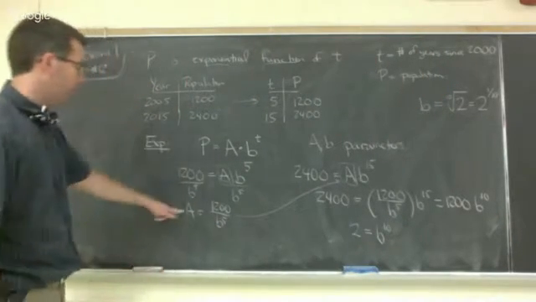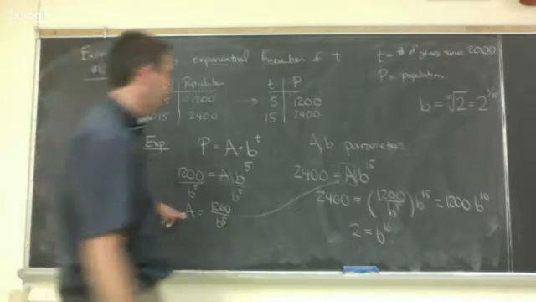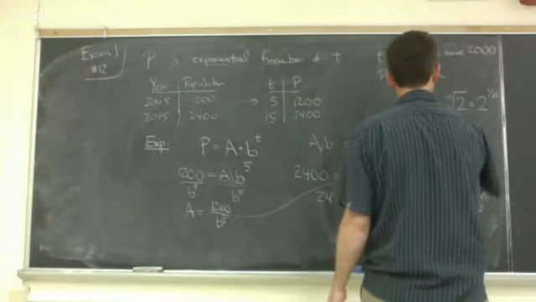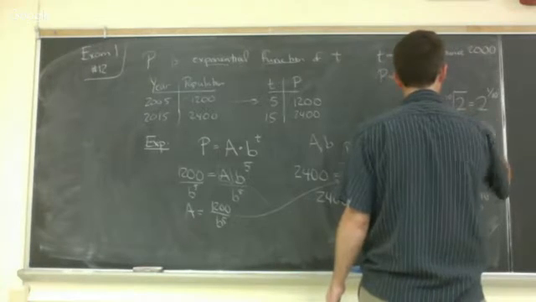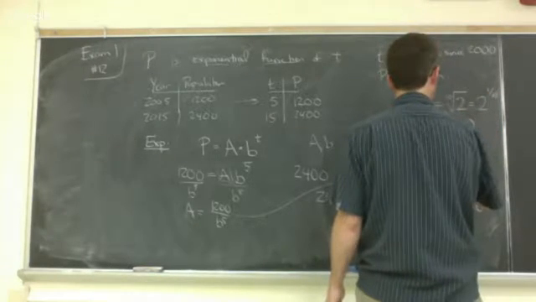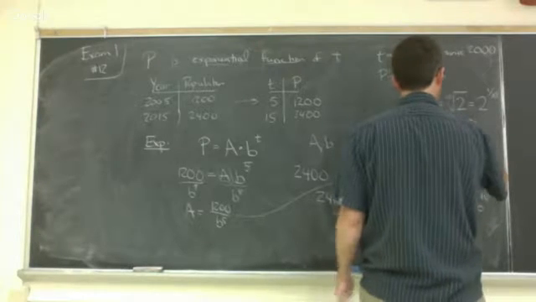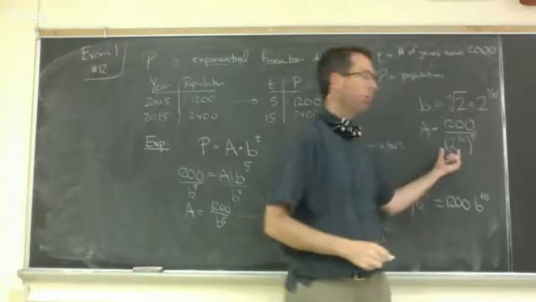Now that I know my base, I can write A is 1200 over this base to the 5th power. So 2 to the 1/10 to the 5th power. Again, what's the property of powers?